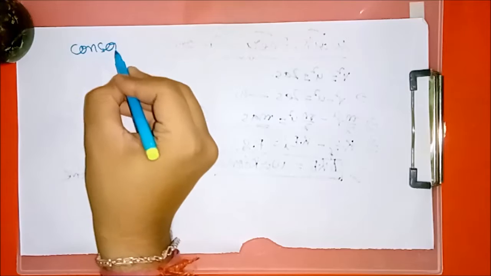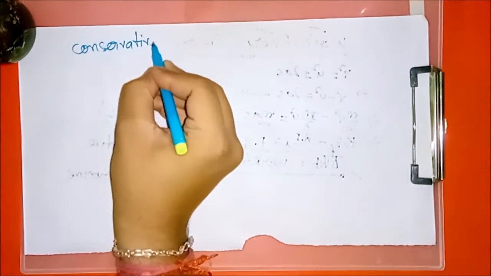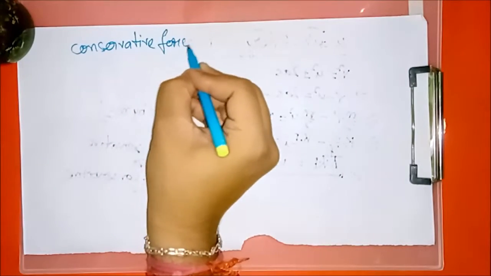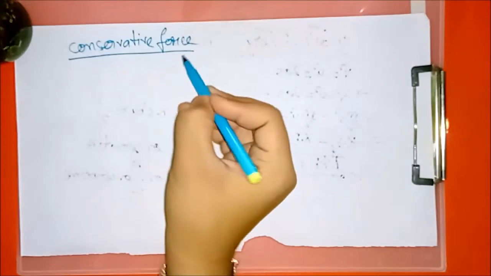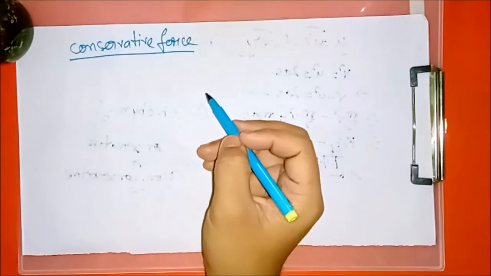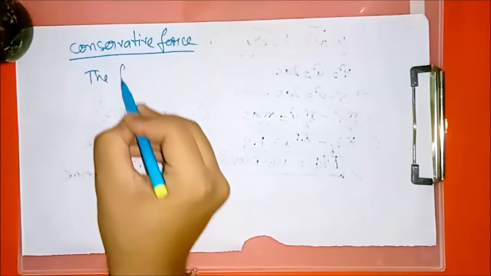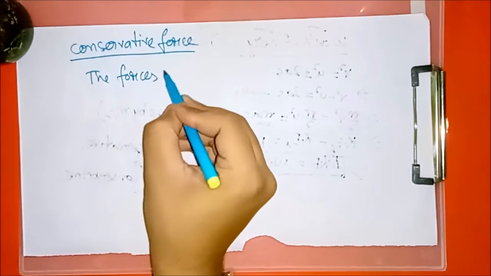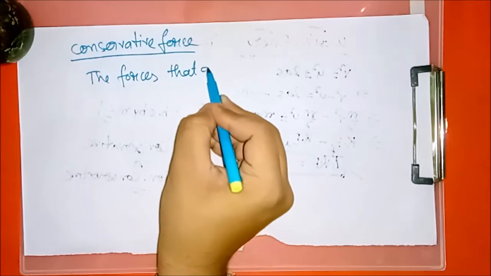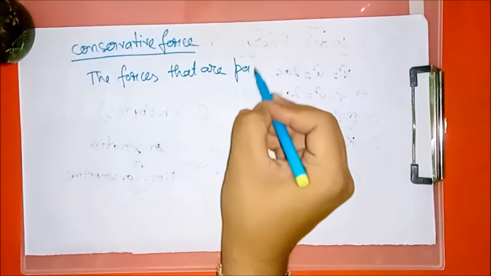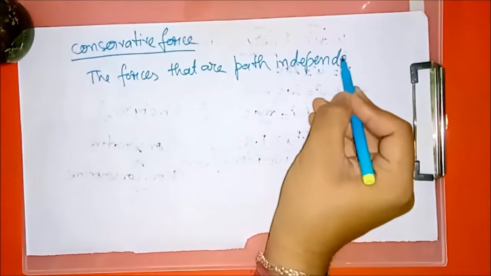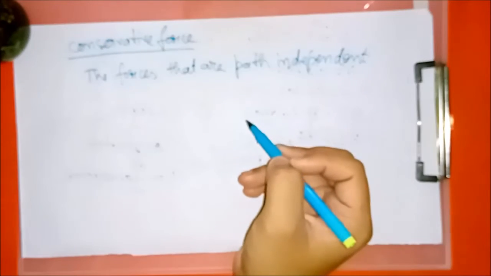Conservative forces are those forces where the work done on a closed loop is 0. To say it in an elaborate manner, the forces that are path independent, meaning they don't depend on the path.